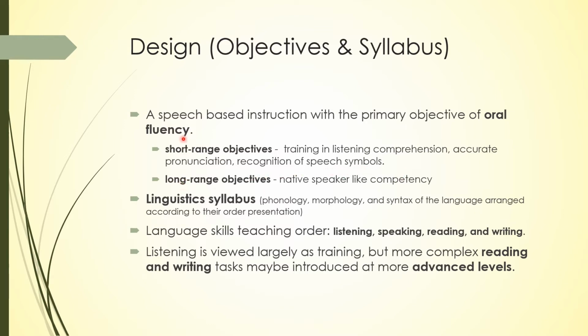As it is an oral based approach, it mainly focuses on oral fluency. We know that we have written symbols and speech symbols, but here speech symbols are more focused to achieve the short range objectives.